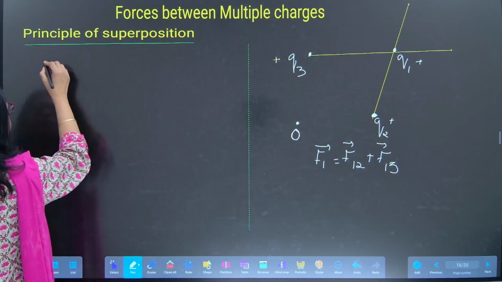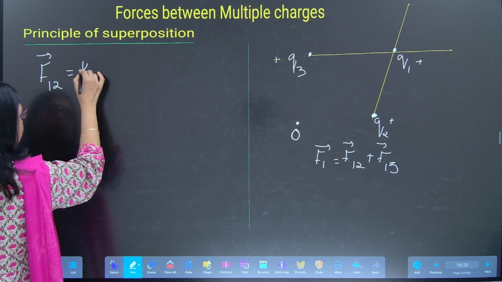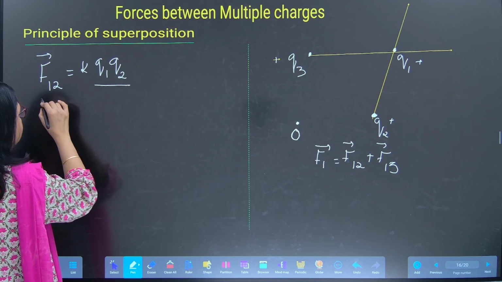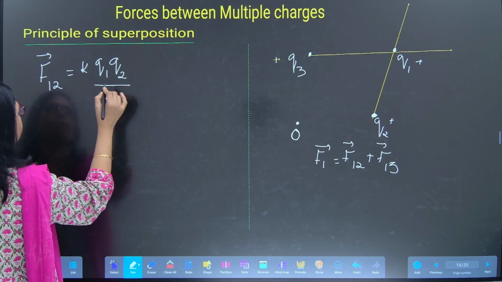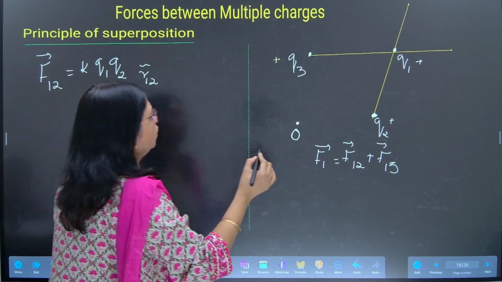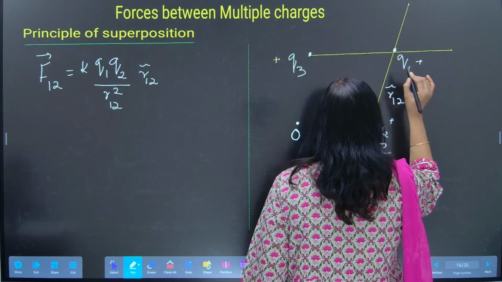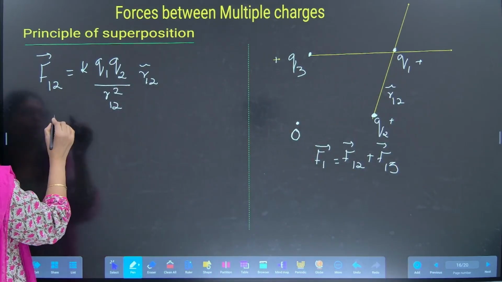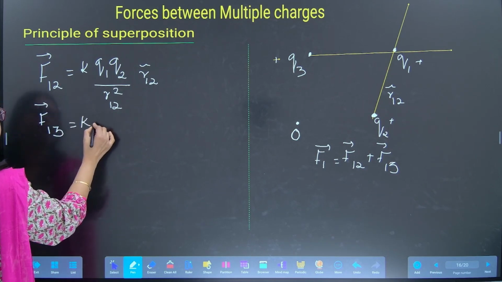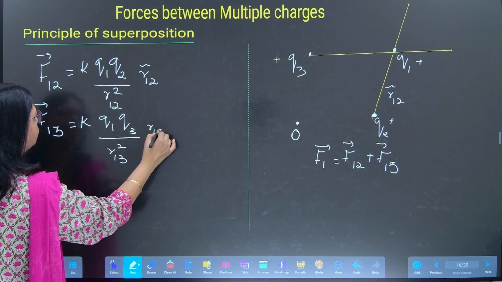Okay, so let us write using Coulomb's law. F12 is equal to K Q1 Q2 upon the distance between the charges 1 and 2 given by R12 square, R12 cap. So let us write that vector here as R12 cap. That gives us the direction of the force F12. Similarly, let us write F13 is equal to K Q1 Q3 upon R13 square, R13 cap.